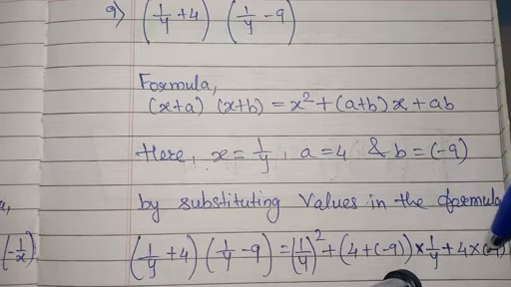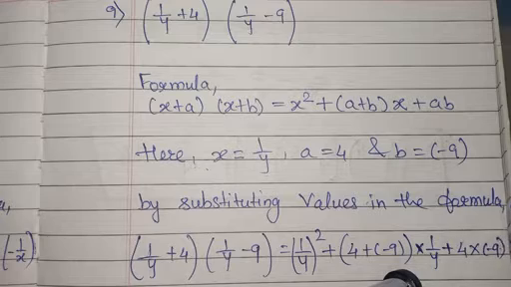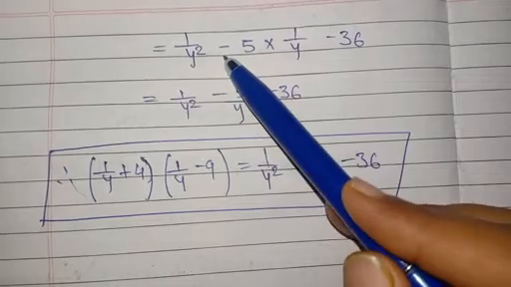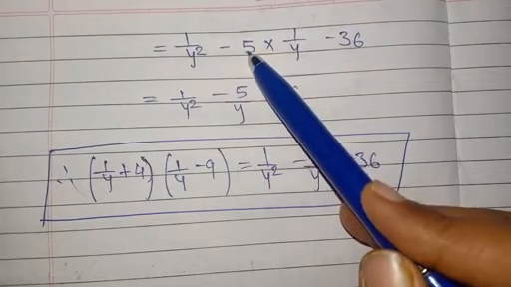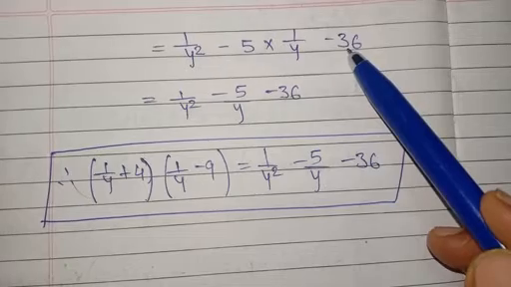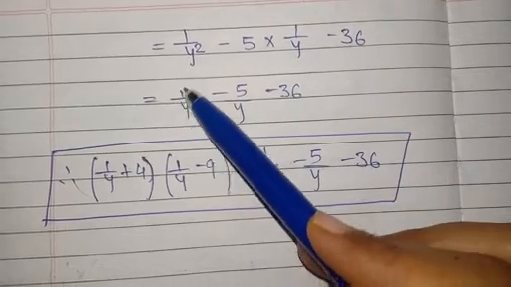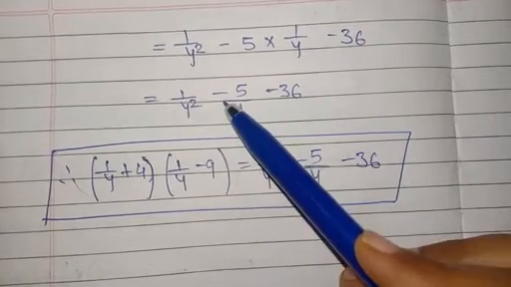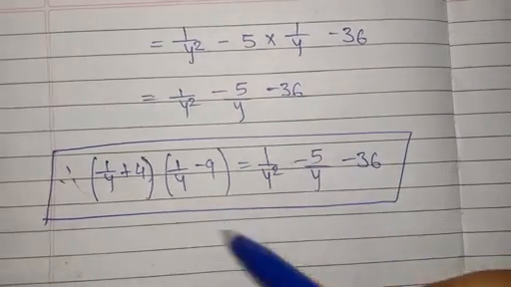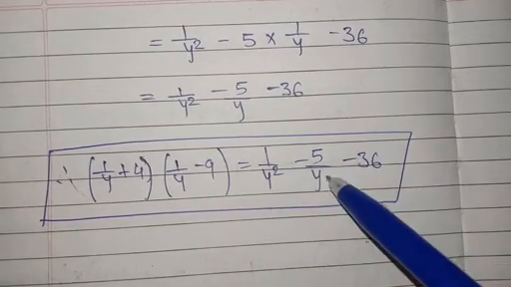A is 4 into b is minus 9. Okay, which is equal to 1 upon y square minus 5 into 1 upon y minus 36, which is equal to 1 upon y square minus 5 upon y minus 36, and this final answer will write in the box.